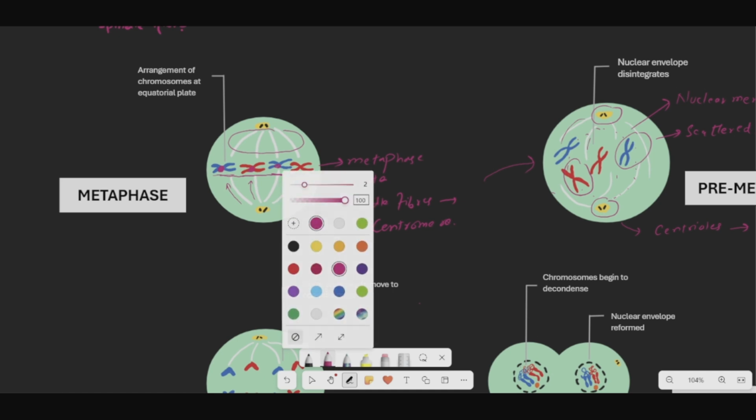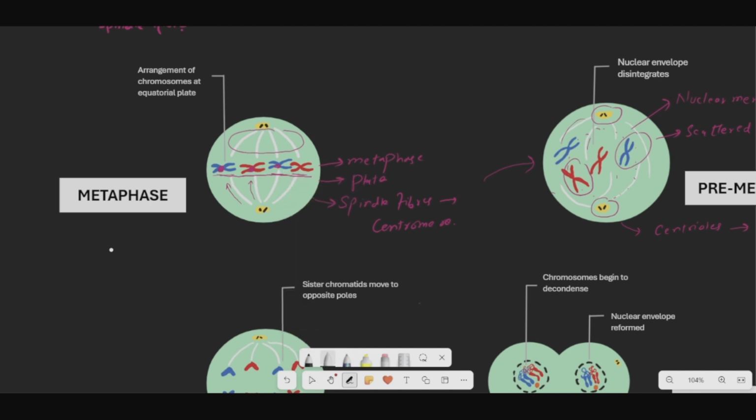For example, if the chromosomes have aligned themselves in such a position that they do not make the metaphase plate, there is no separation of the chromosomes, because there is no proper metaphase plate formation, and spindle fibers will not be able to attach to the centromere. So this is a decisive point on whether the mitosis is going to take place or not. For mitosis to take place, the chromosomes should be properly aligned at the center of the cell, thus making a metaphase plate.